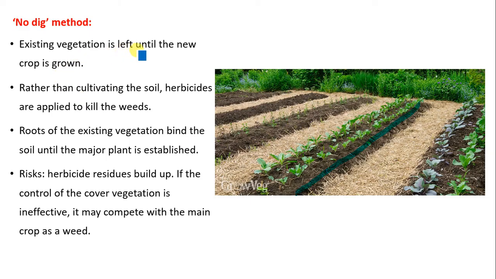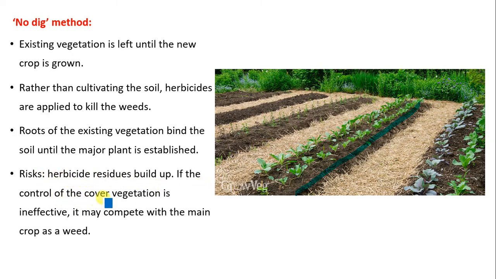Existing vegetation is left until the new crop is grown. Rather than cultivating the soil, herbicides are applied to kill the weeds. Once the herbicide kills the weeds, the roots of the existing vegetation bind the soil until the major plant is established. Risk: herbicide reduces buildup.